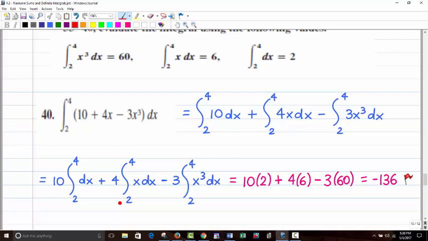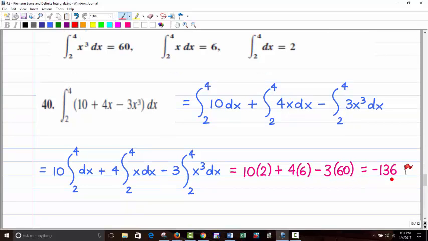The next one, the definite integral from 2 to 4 of x dx, would be 6, as given right here. So 4 times 6, and then the definite integral of x cubed from 2 to 4 is 60. So 10 times 2, plus 4 times 6, minus 3 times 60, and that works out to be negative 136.